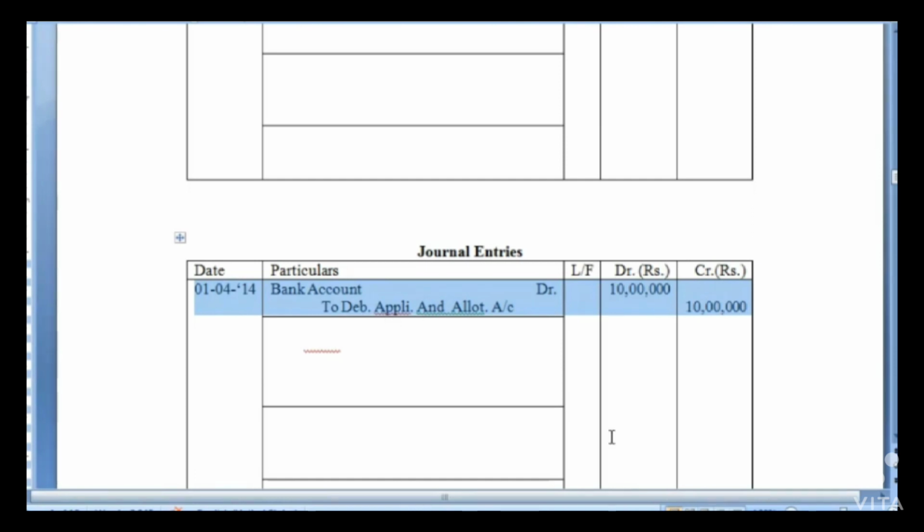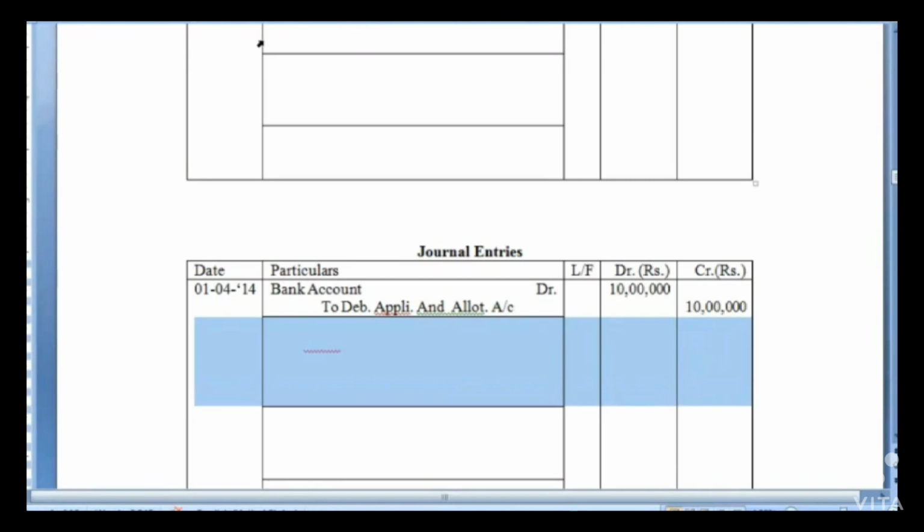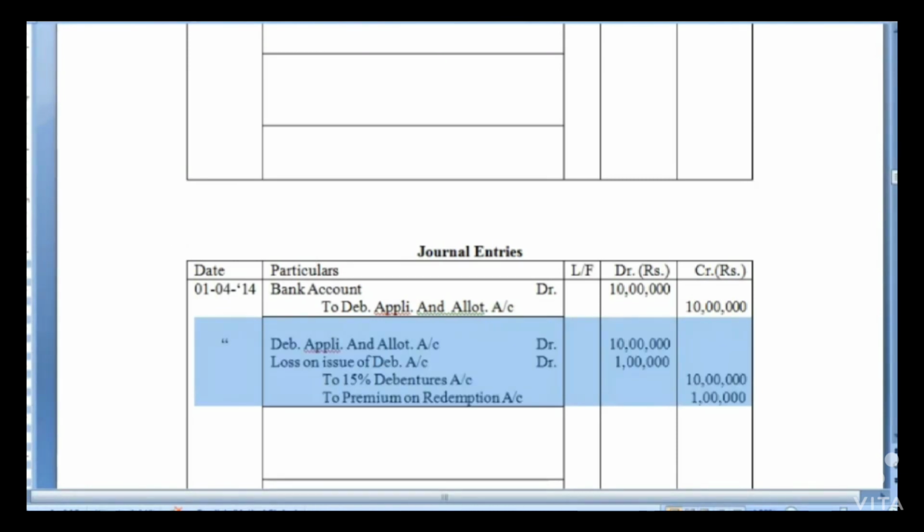Bank account debit to debenture application and allotment account. This is the first journal entry for issue. And then after you allot these debentures to your debenture holders, the journal entry is like this: debenture application and allotment account debit, loss on issue of debenture account debit, to 15% debenture account, to premium on redemption of debenture.